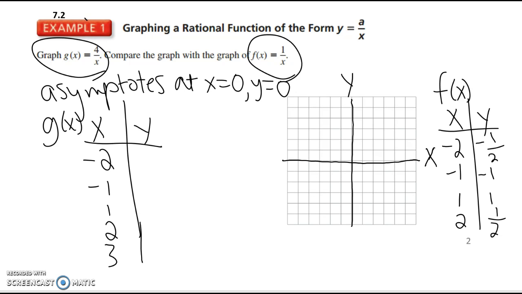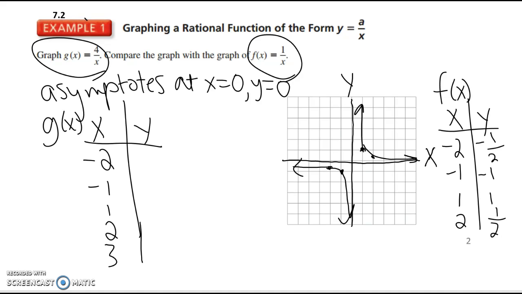And if we plot those points, we'll get two curves. You could just plot the first point and maybe even the second. So 2, 1/2, negative 2, negative 1/2. And just sketch these curves along the x and y axis, because those are our vertical asymptotes and horizontal asymptotes.